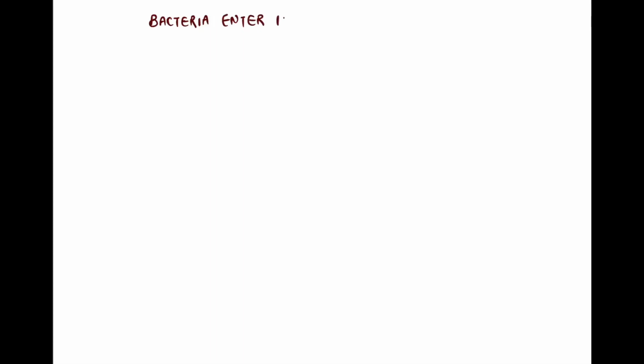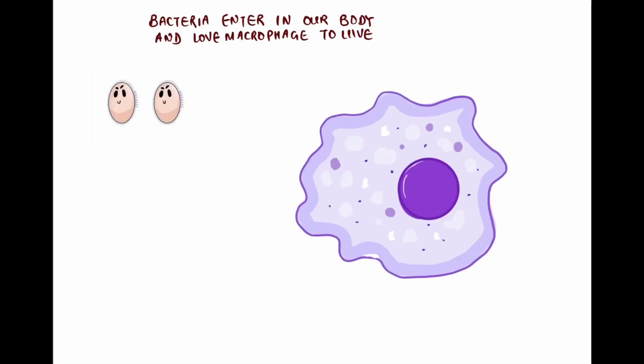This is about the pathology of the bacteria. The bacteria enter our body and love to bind with macrophages because these organisms are facultative intracellular organisms. They can survive inside and outside the host very well. So bacteria enter the macrophages through the process known as phagocytosis.